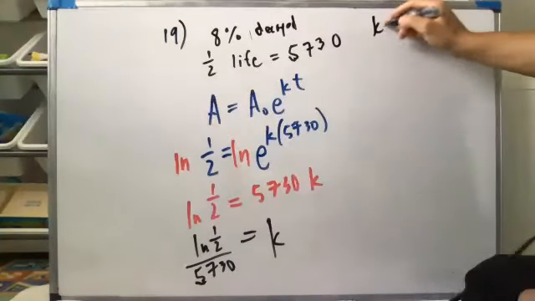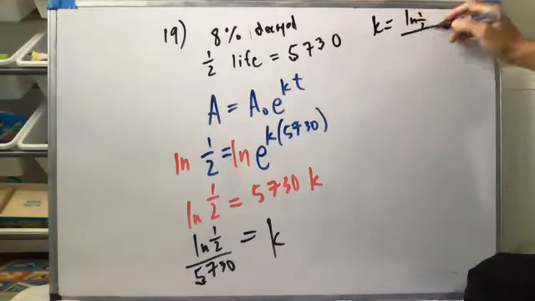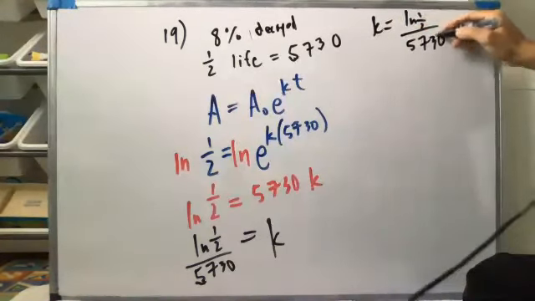So k is equal to ln of 1/2 over 5,730. Let's make a note of that at the top.